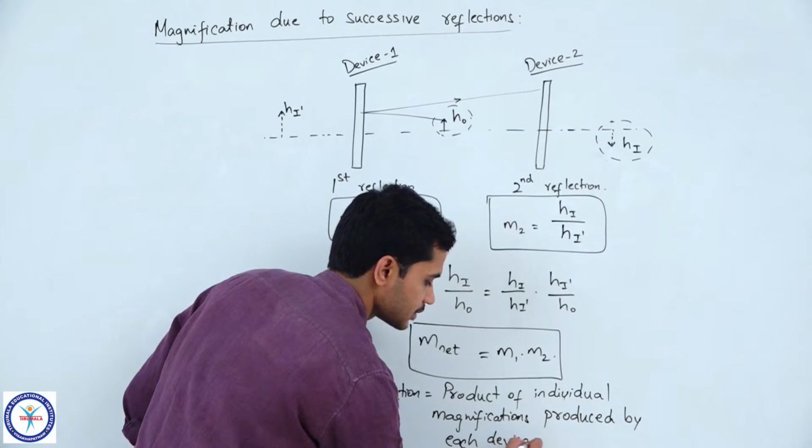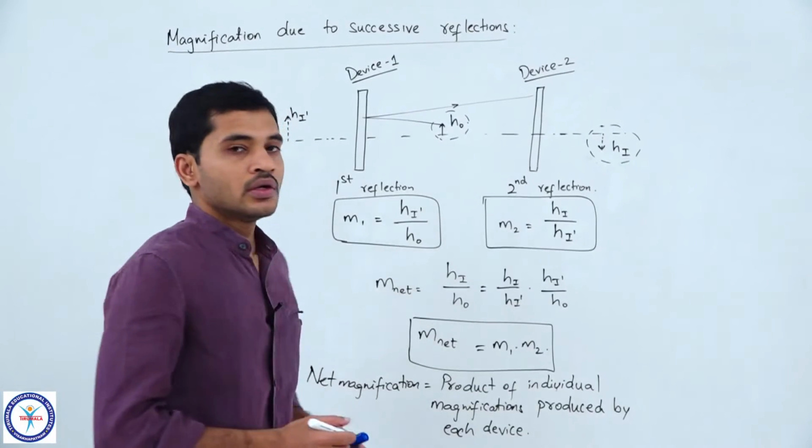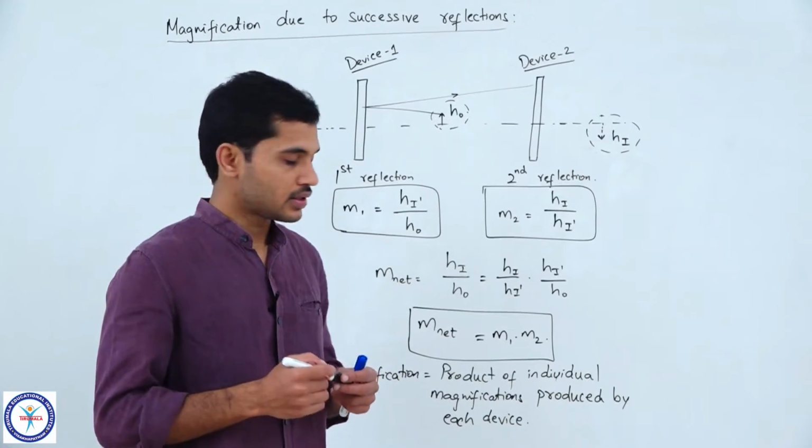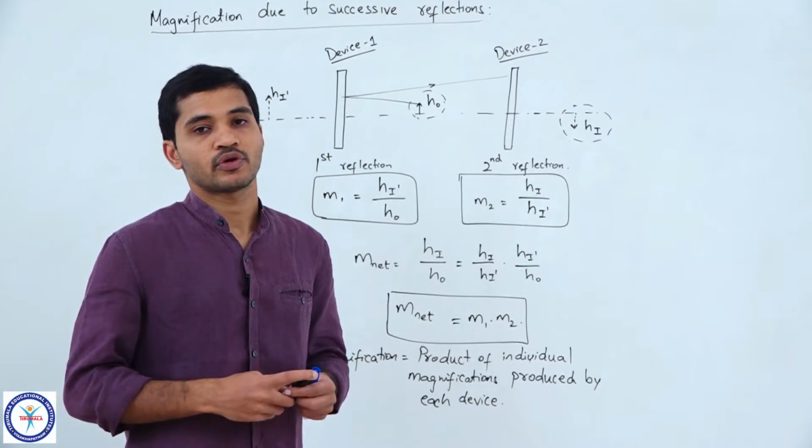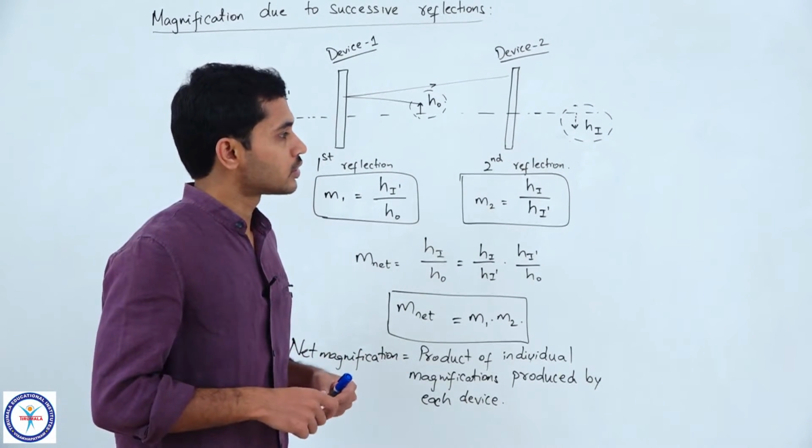So, that is the idea. You just have to find the individual magnifications at each and every device and take the product of each one of those. So, that is the case.